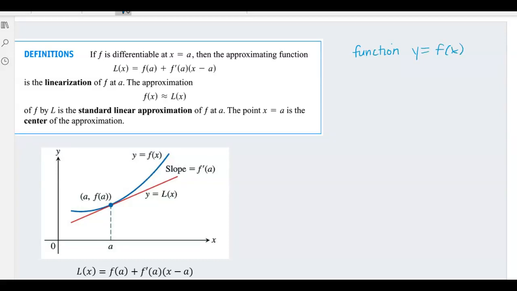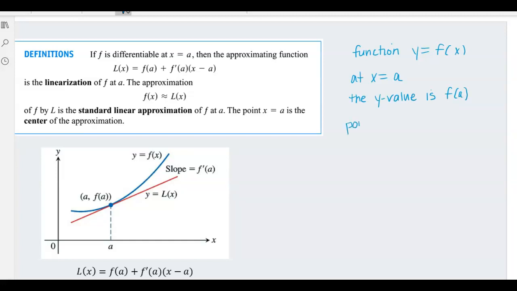and if we were to plug in a particular point, let's say at x equals a, the output value would be f of a. Right?